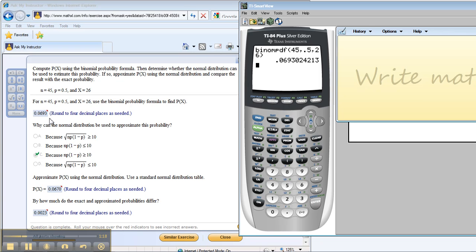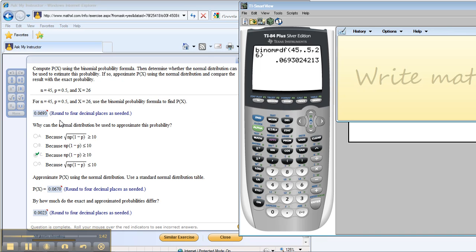And that'll give us this value here. You'll see 0.0693. So roughly about a 7% chance of coming up with exactly 26 successes in 45 trials. Again, the 0.5 is given. That's the probability of coming up with a success on any given single trial.